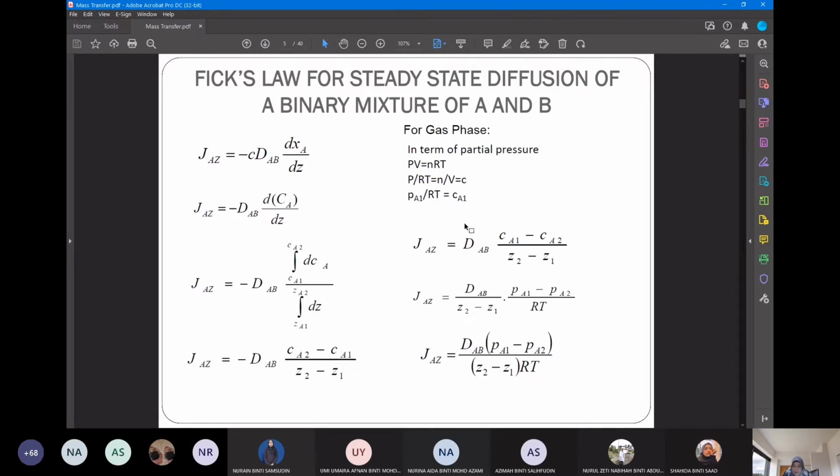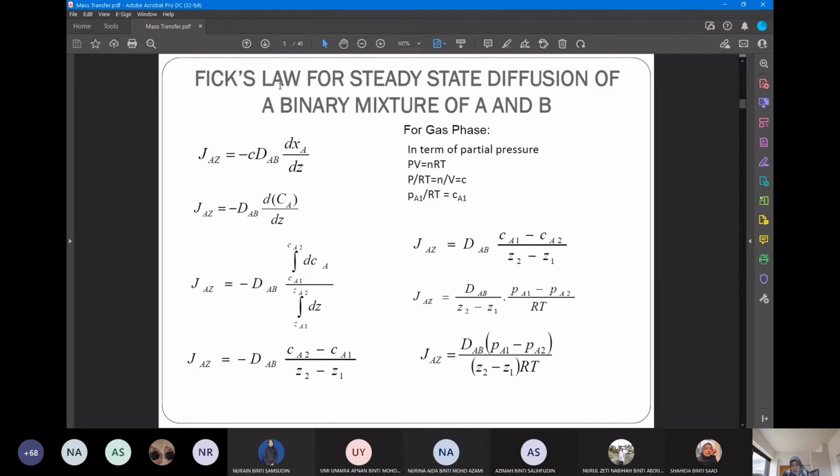But if you want to use partial pressure, how you manipulate this term into this term is using the conversion formula, which is the partial pressure divided by the gas constant, and divided by temperature. So they are derived from the same equation.